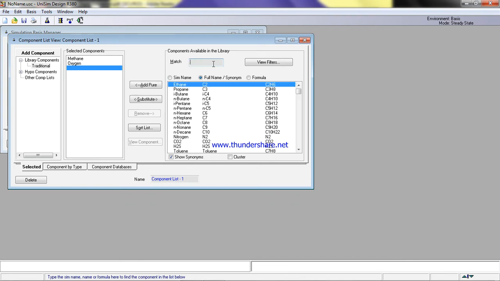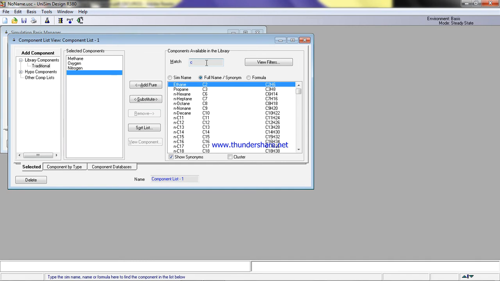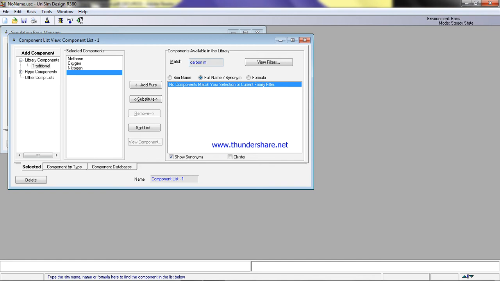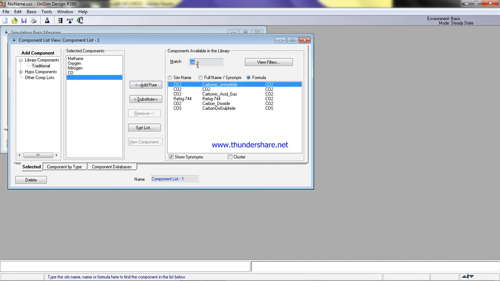Then nitrogen, you double click to enter. Carbon monoxide. Okay, so that doesn't seem to work, so we now use the formula CO. We have carbon monoxide, you add, then CO2, you add, okay, then hydrogen.